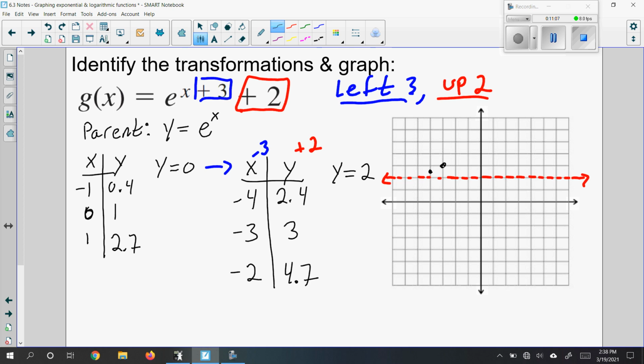And negative 2, 4.7 is about there. So our graph is going to get infinitely close to the horizontal asymptote, and then it's going to go up. This is increasing from left to right, which makes sense because our base is e, which is bigger than 1. So this is growth.